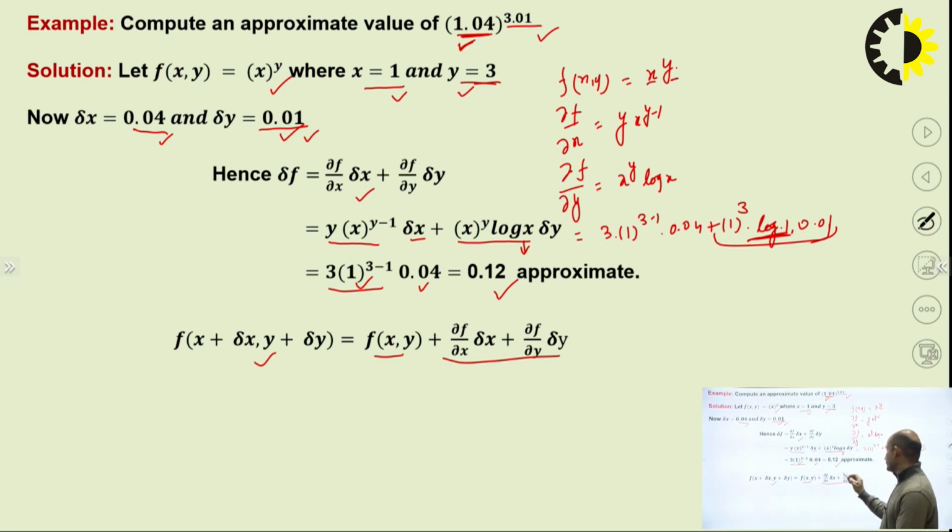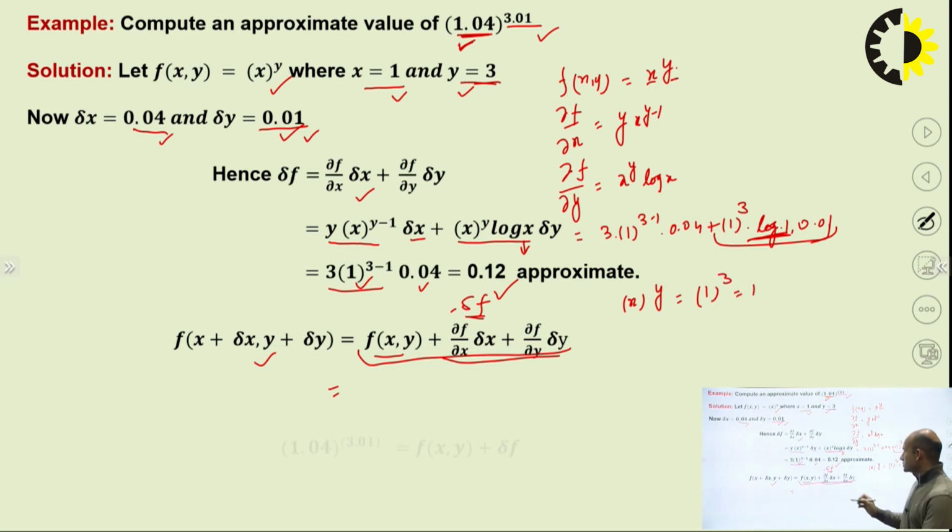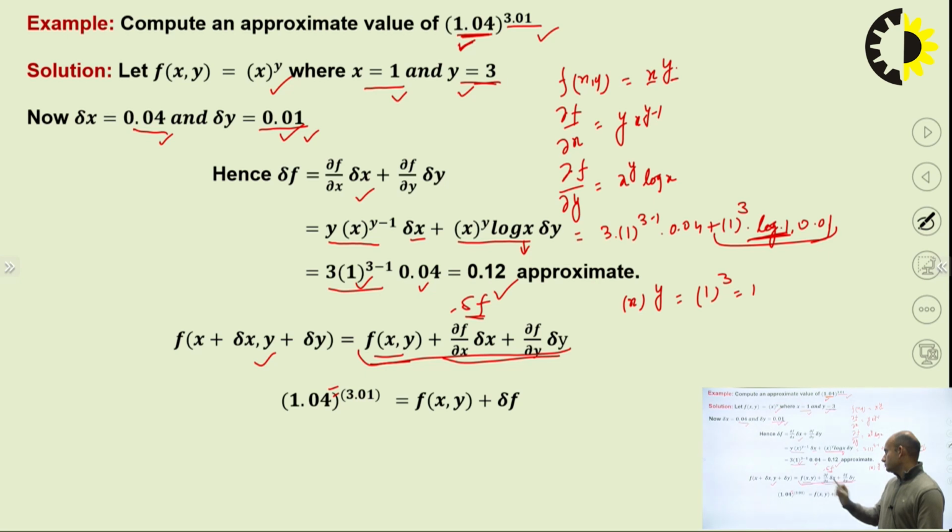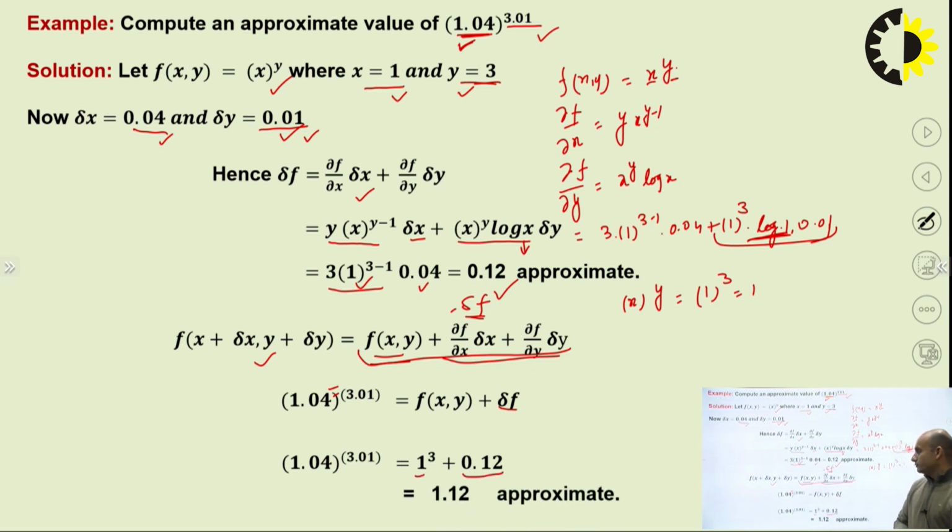Now f(x,y) means since the function is x to the power y, and the value of x is 1 here and the value of y is 3 here, this is 1 actually. So this term is 1 and this term is 0.12. After adding these two values, we get 1 plus 0.12. Finally, we have 1.12.